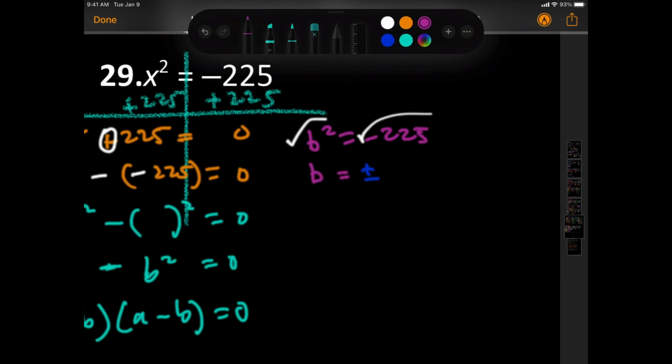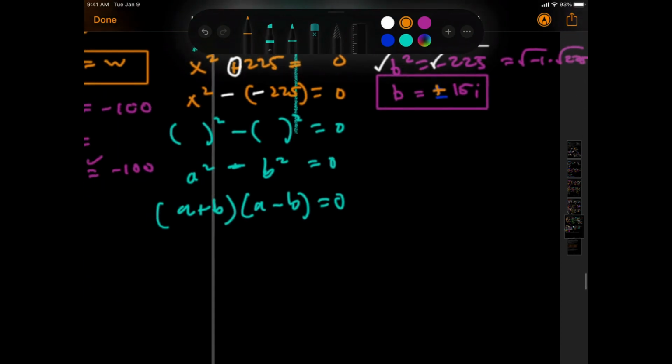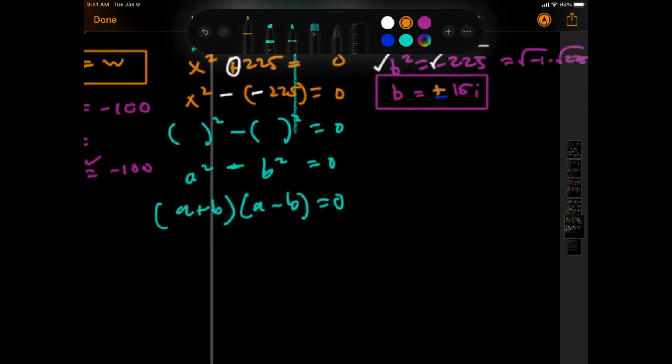B equals, that is negative 1 times 225, so that would become i, and the square root of 225 is 15. So although this is your answer, for this problem we're just taking the positive. You could take the negative, so that means that becomes 15i.